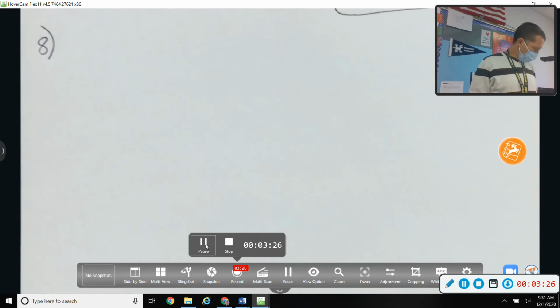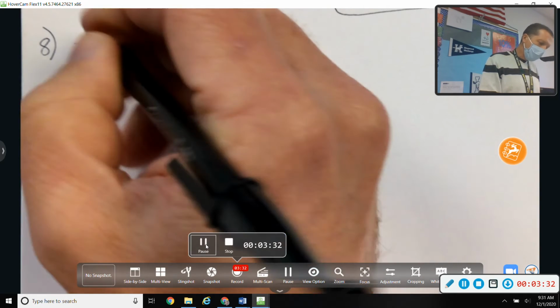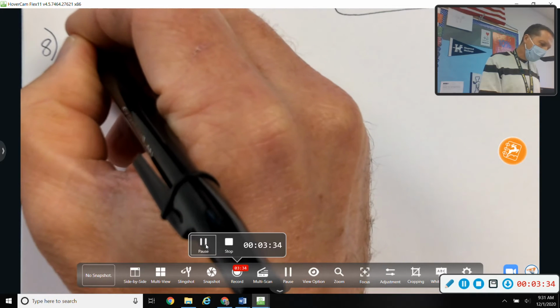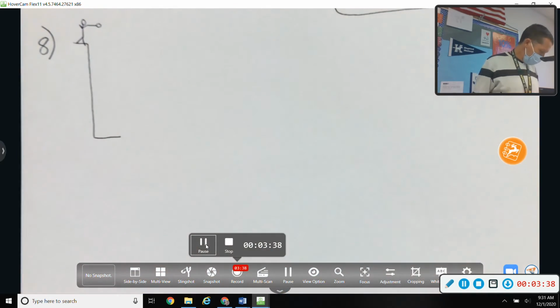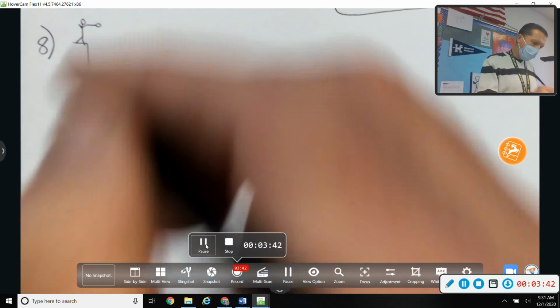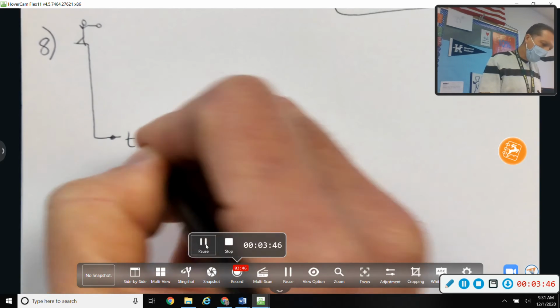Number 8 on the same worksheet. An astronaut stands on the edge of a cliff and drops a rock. I really just like drawing people on the edge of cliffs, dropping rocks. He observes that it takes 3 seconds for the rock to land. So down here, t equals 3.